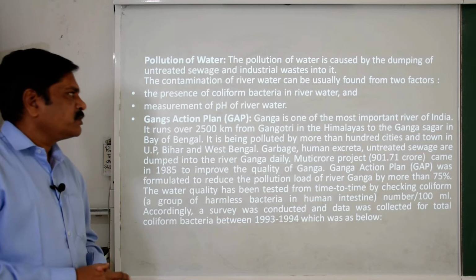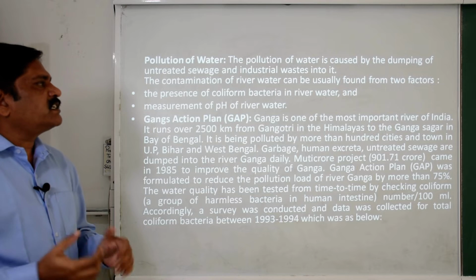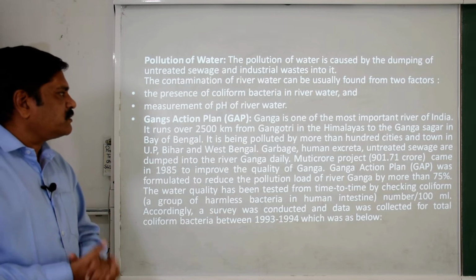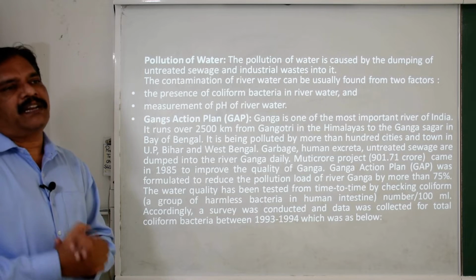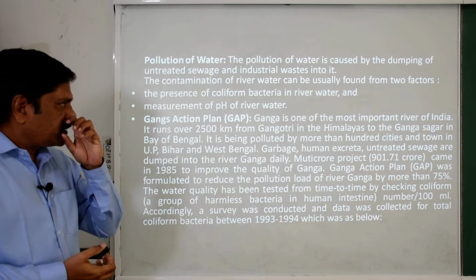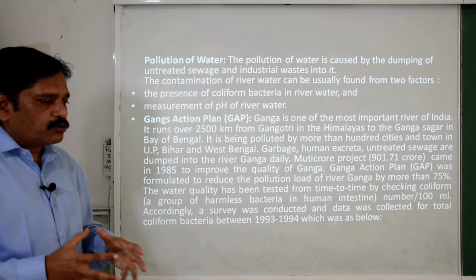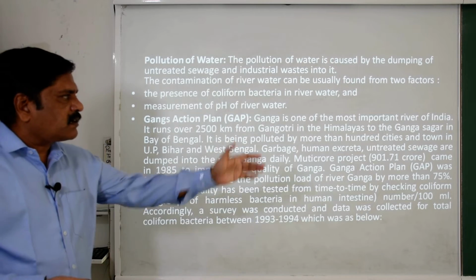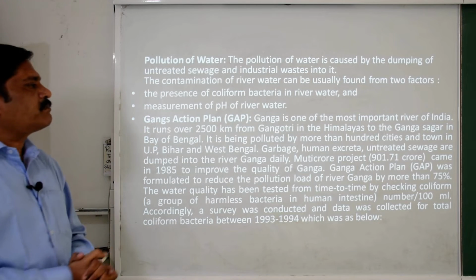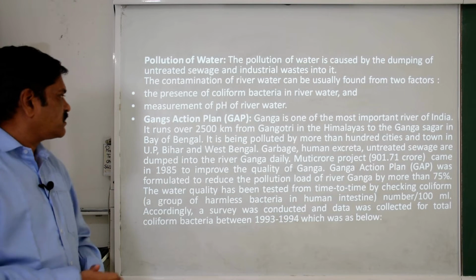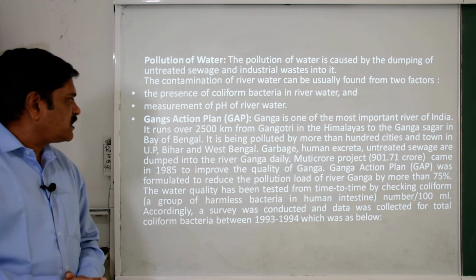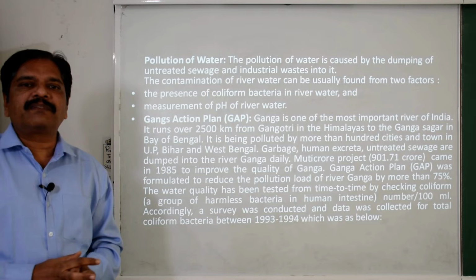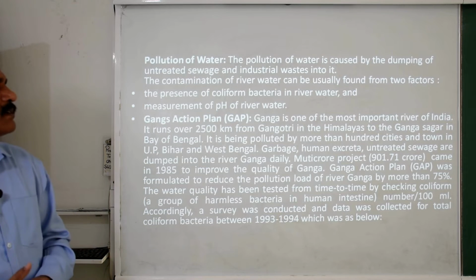The garbage, human excreta and untreated sewage are all dumped into this river every day. And just to overcome this problem, a multi-crore project of nearly 901.71 crore rupees was started in 1985 to improve the quality of the Ganga, and this project was named the Ganga Action Plan.